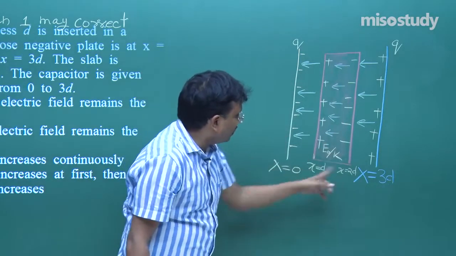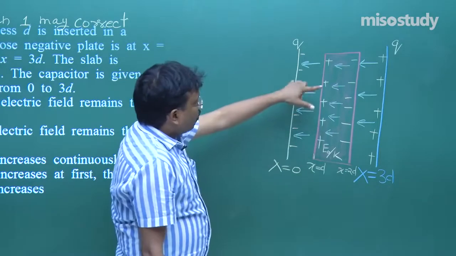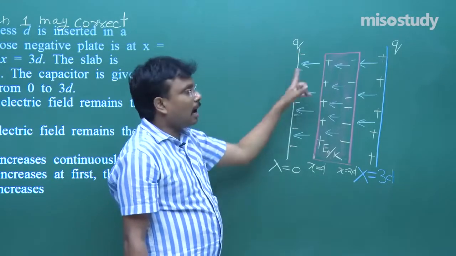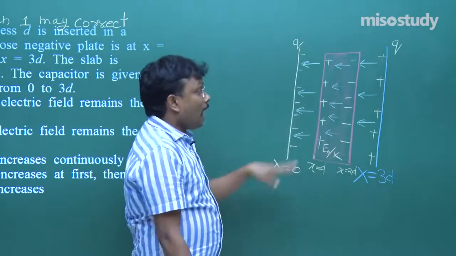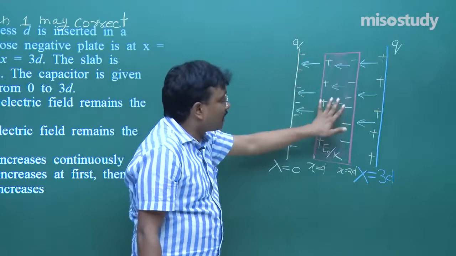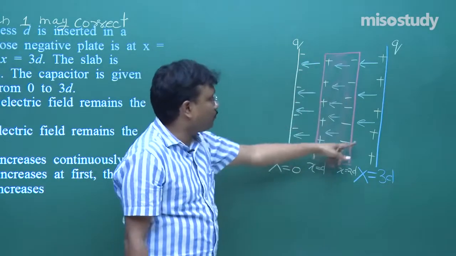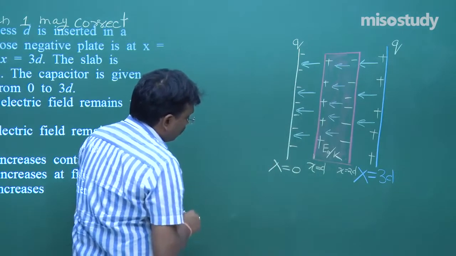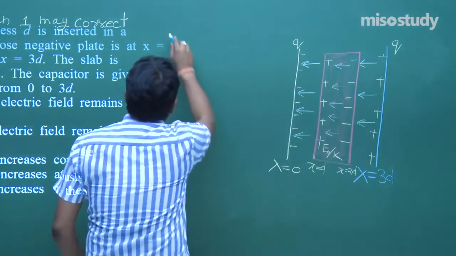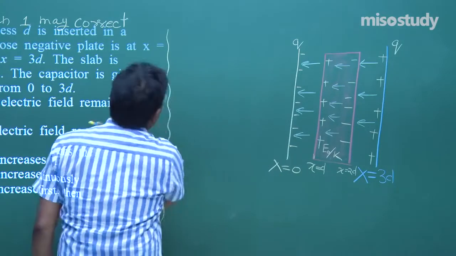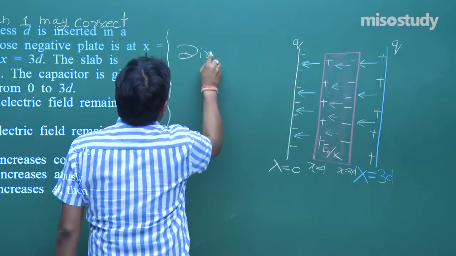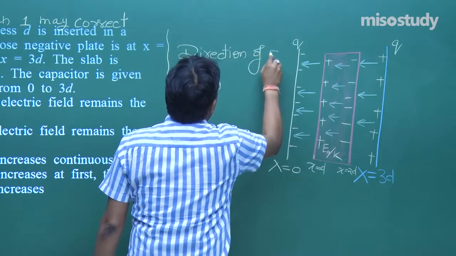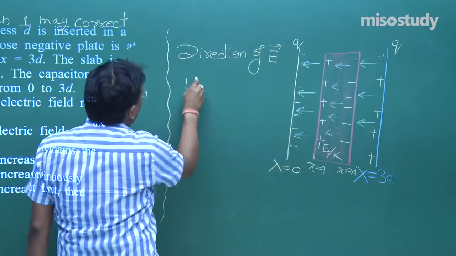So d, 2d, 3d and 0. Now one thing is crystal clear from this diagram, that electric field lines are in one direction. I am not talking about the resultant, I am talking about inside and outside, and I am using same color arrows. So from here I can say the direction of electric field is same.